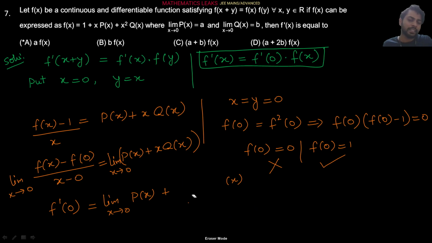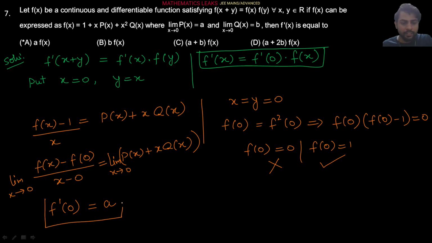So f dash of 0 is this, and this value is already given as A. So we can say directly that f dash of 0 is nothing but A only. Clear everybody? So f dash 0 is equals to A.